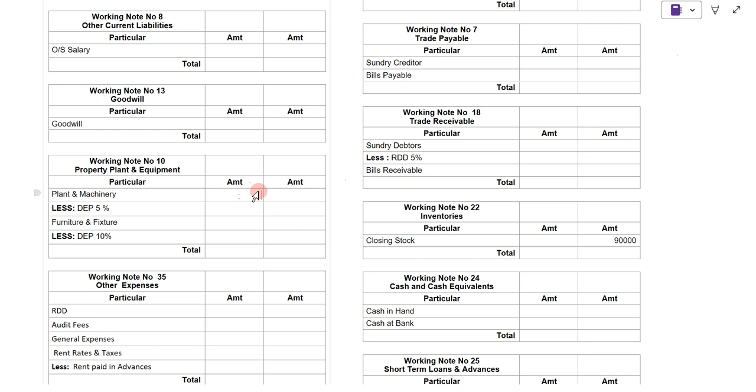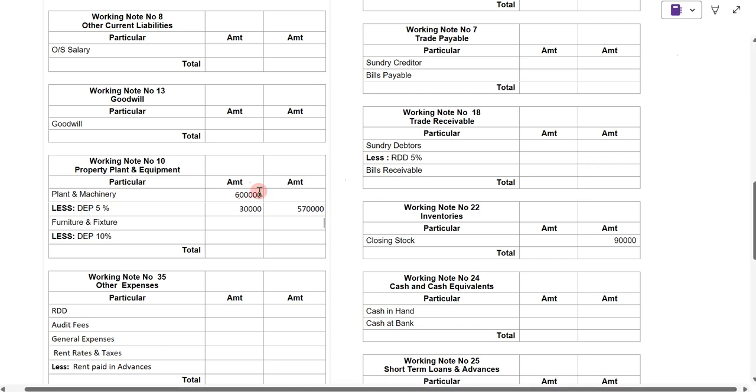Plant and machinery is 6 lakh. On 6 lakh there is 5% depreciation, 30,000 is the depreciation. Then 6 lakh minus 30,000, 5 lakh 70,000 is the balance remaining.